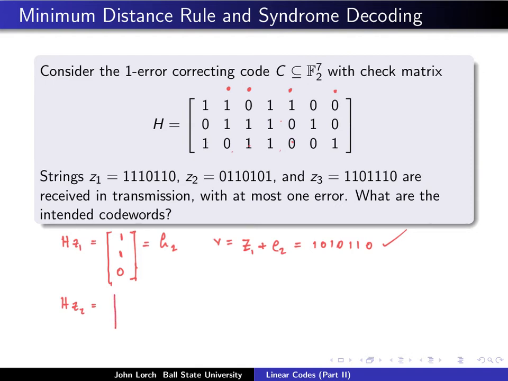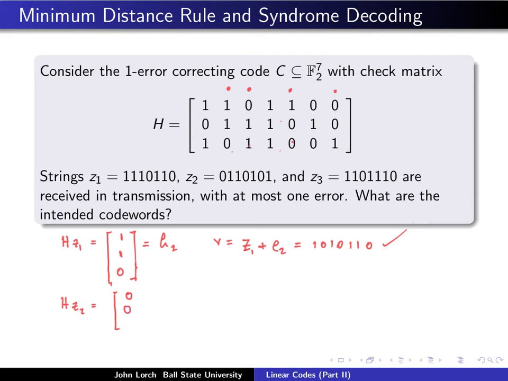And that's going to give a vector with 3 components. So in the top, I take 1 plus 0 plus 1 plus 0, which is 0. And then we have 1 plus 1, which is 0, plus another 0, plus another 0. So that's 0.